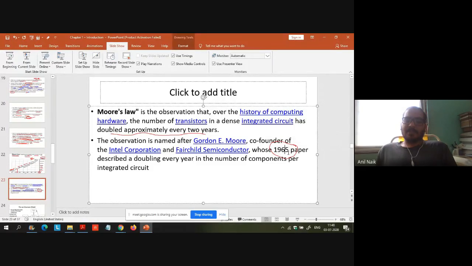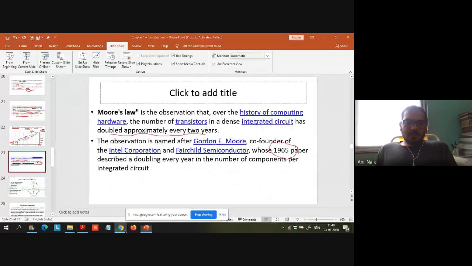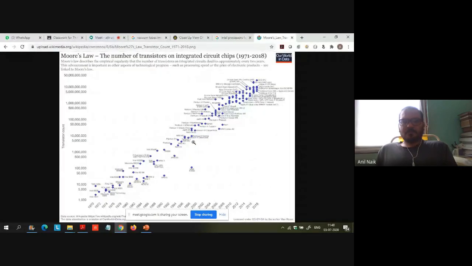In 1965, the co-founder of Intel Corporation and Fairchild Semiconductor described in a paper that the number of components per integrated circuit doubles every year. It was about the history of computing.